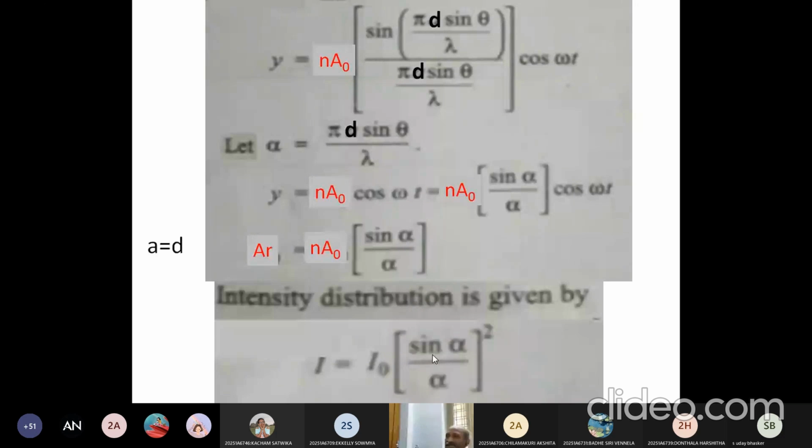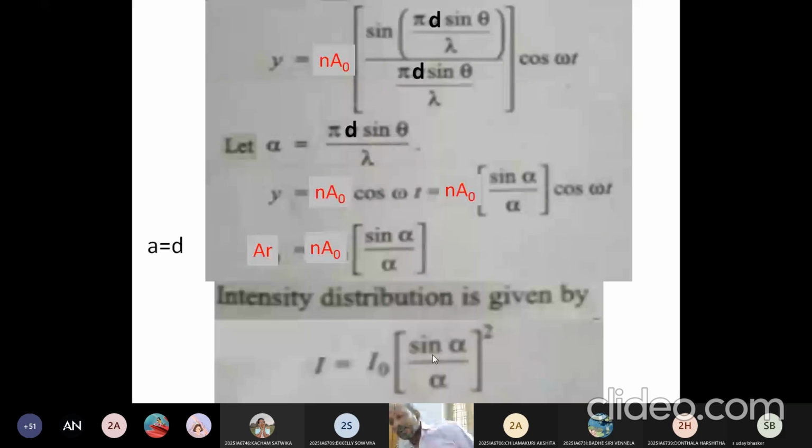If f double dash is greater than 0, then it is minima. If f double dash is less than 0, then it is maxima. So you'll know the condition for maximas and minimas by differentiating the function with respect to its variable.